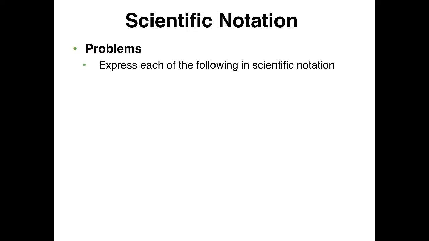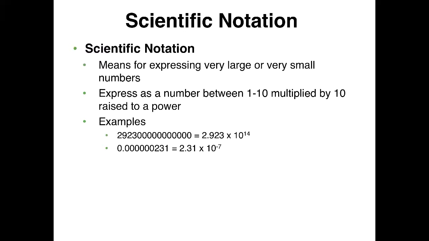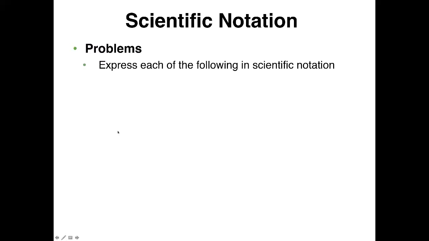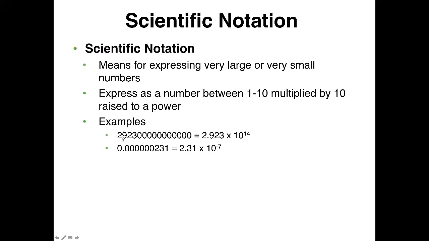So how do we do this? Well, let's take a look back at the ones we just looked at. Again, you express it as a digit between 1 and 10. So you take the number and put your decimal right here, and then you count.